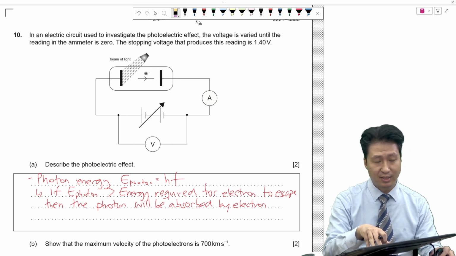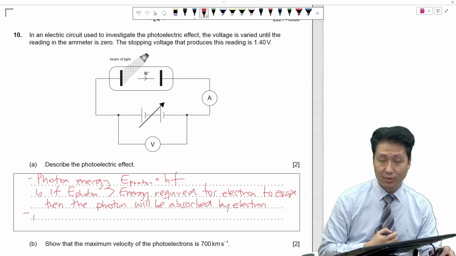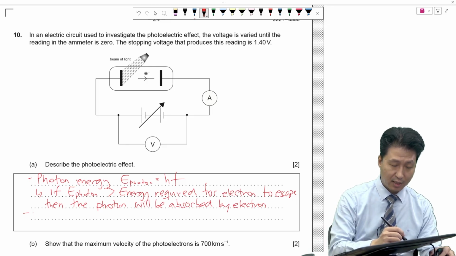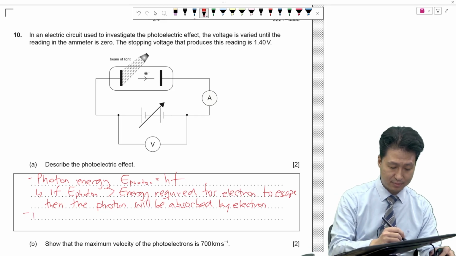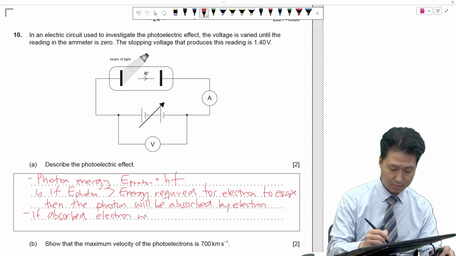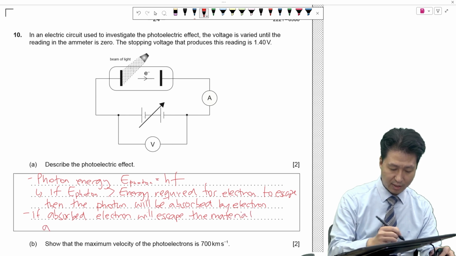It will not be absorbed, basically. If it's absorbed, then the electron will escape the atom, or the material, and be emitted.